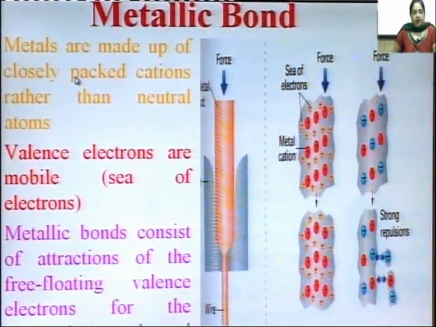Metallic bond. Metals are made up of closely packed cations rather than neutral atoms. Valence electrons are mobile, a sea of electrons. Metallic bonds consist of the attraction of free floating valence electrons for the positively charged metal ions.